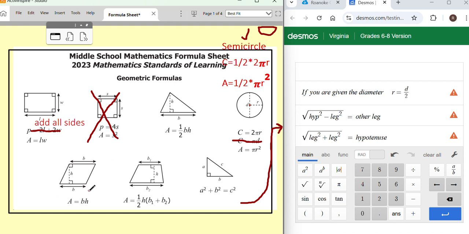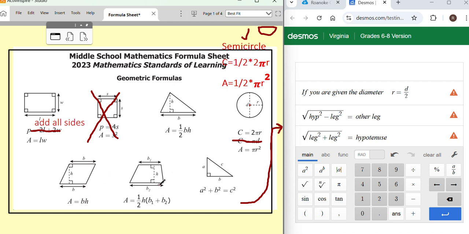Now let's look down here. This is a parallelogram. Both opposite sides are parallel to each other. Okay? And if you look right here, the height touches each base and makes a right angle. And then the sides that it touches are your bases. It doesn't matter which one is which, but in this case, you'll only need one of them, base times height.